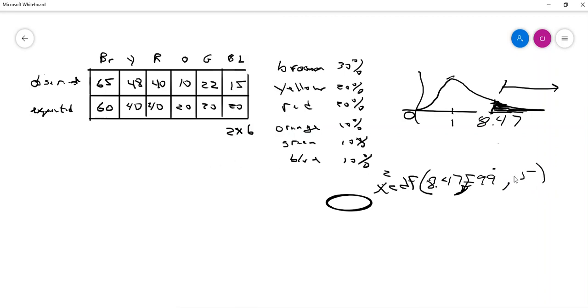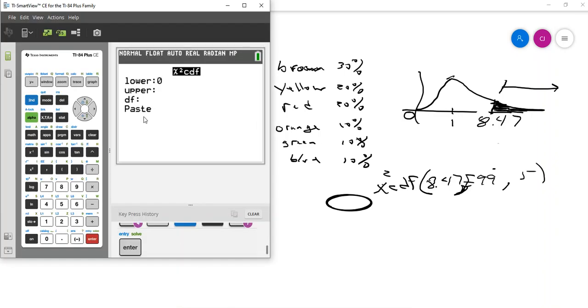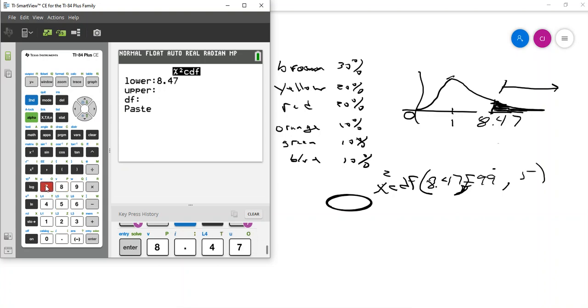Okay. So let's go into the calculator again, and lower is the 8.47. Okay. The upper, E99. Our degrees of freedom is 5.